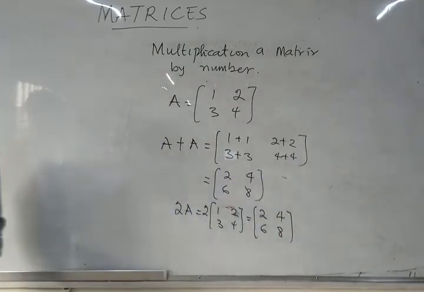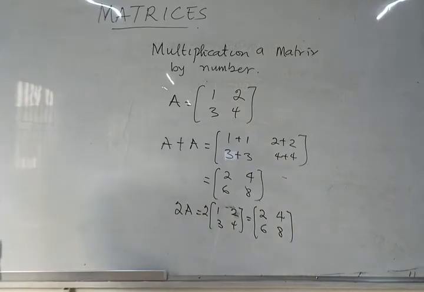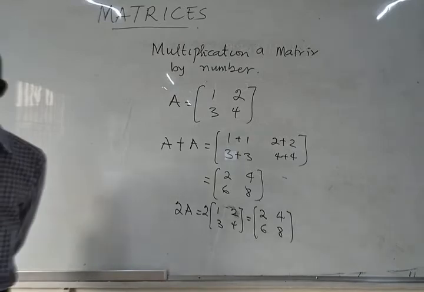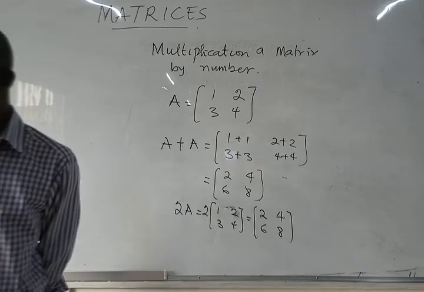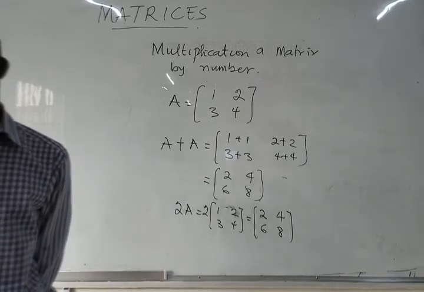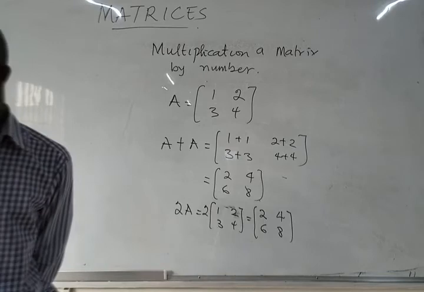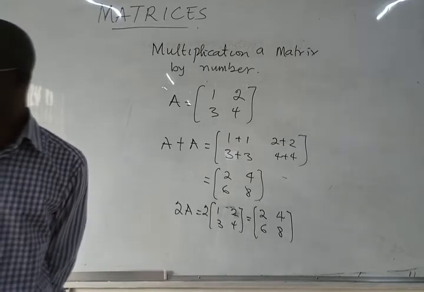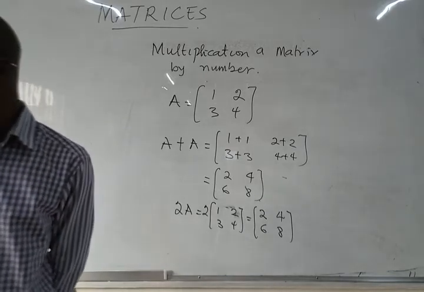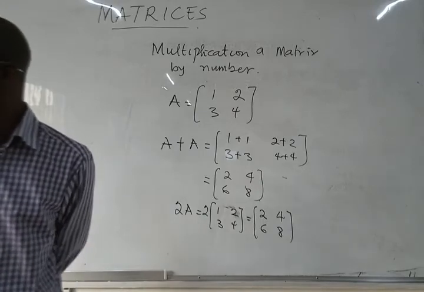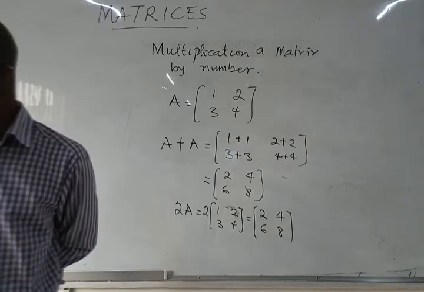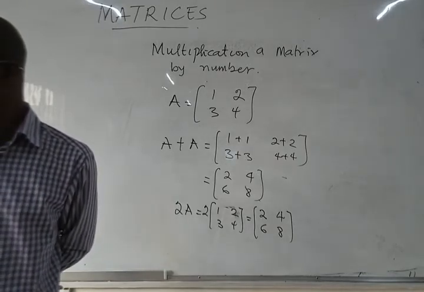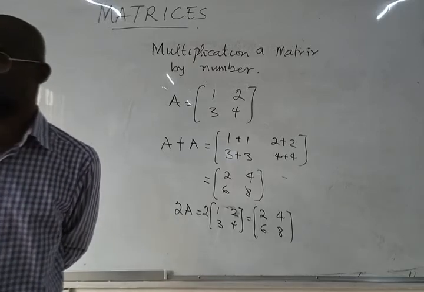So adding two matrices of the same type together is like a way of multiplying by 2. In general, if A is an M by N matrix with typical element Aij, then the product of a number K with matrix A can be defined this way.